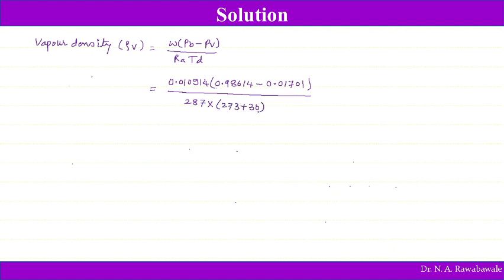This must be in degrees Kelvin, which is an important parameter to remember. TD must be in degrees Kelvin, and R must be in joules per kg Kelvin.